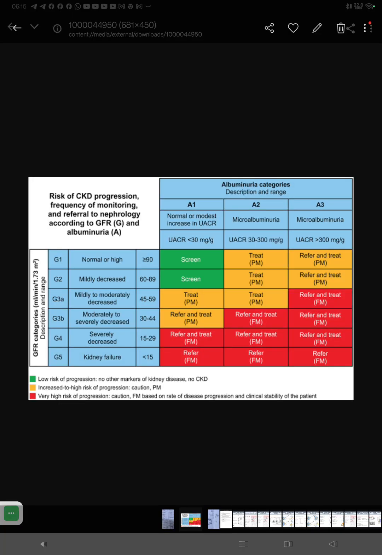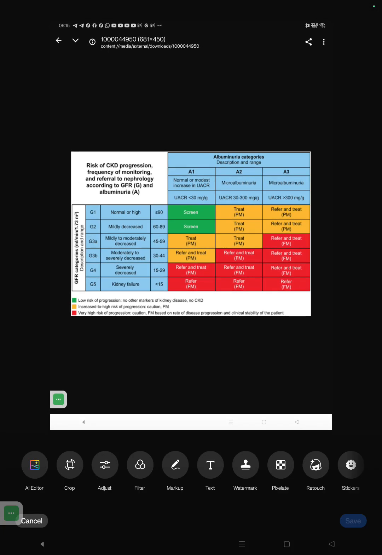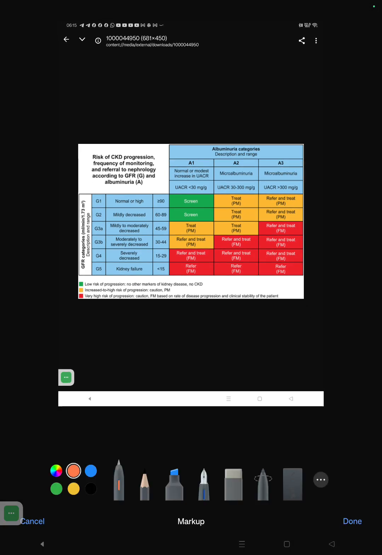This is the KDIGO classification of the CKD, in which the risk of CKD progression, frequency of monitoring and referral to the nephrology according to the GFR and albuminuria is told.